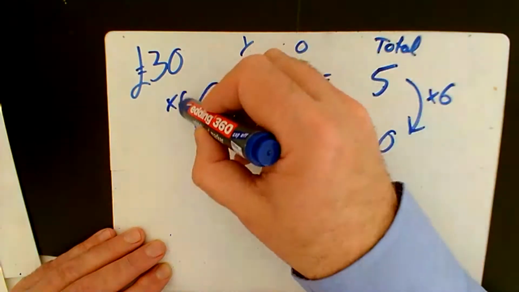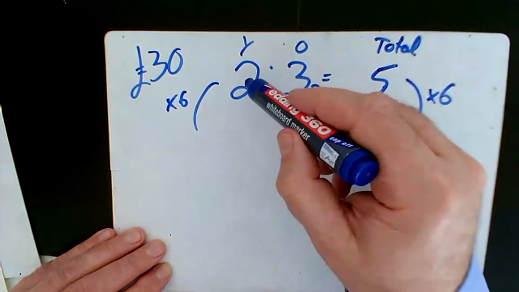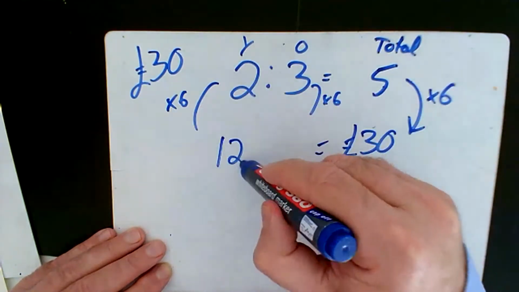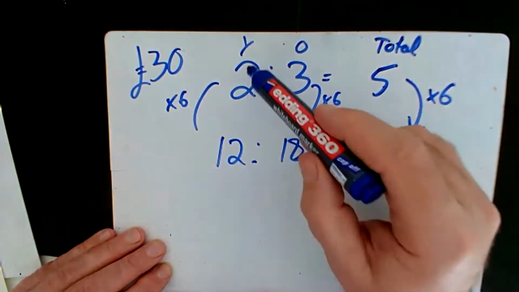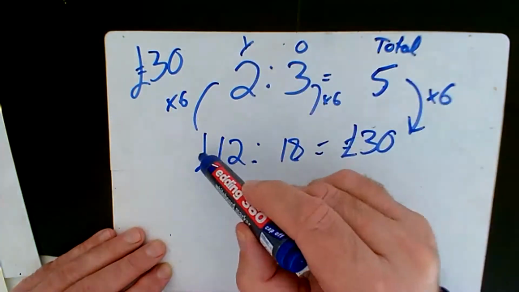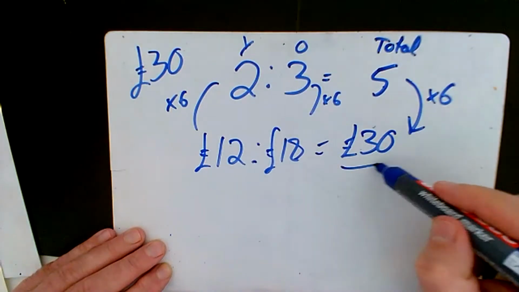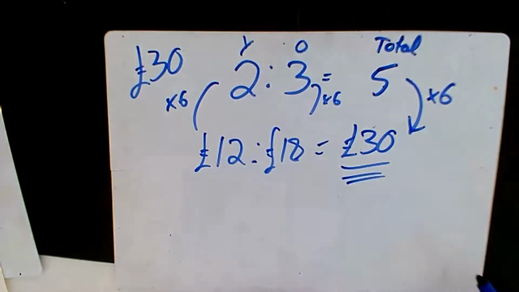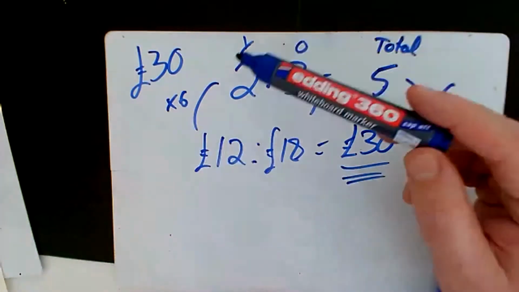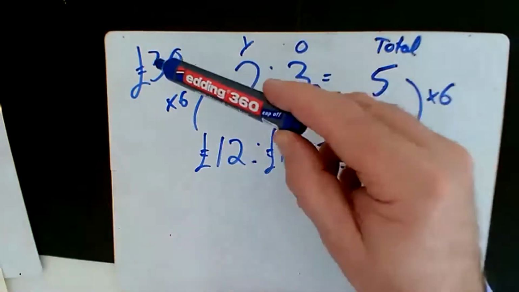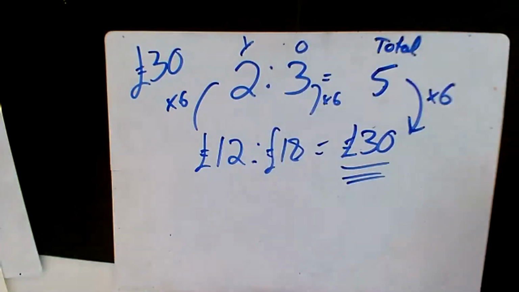So if I times both of these by 6, I'm expanding my ratio. 2 times 6 is 12, and 3 times 6 is 18. So the youngest one gets £12 and the oldest child gets £18. In total, I'm spending £30, because you can see how I've shared this money into this ratio.